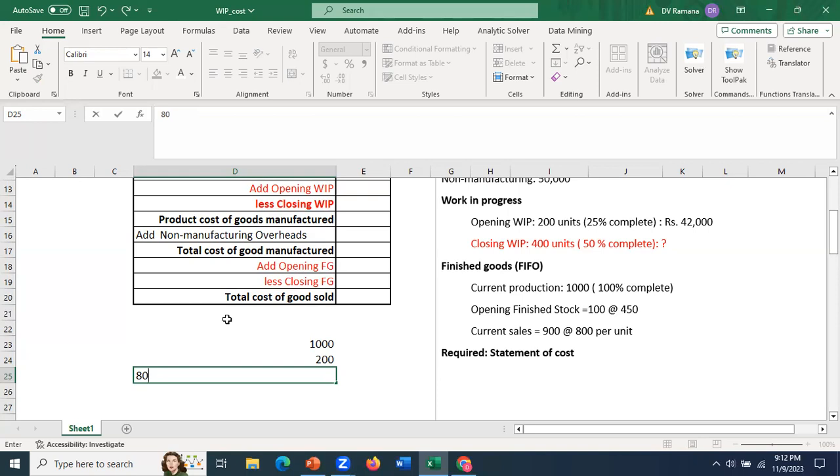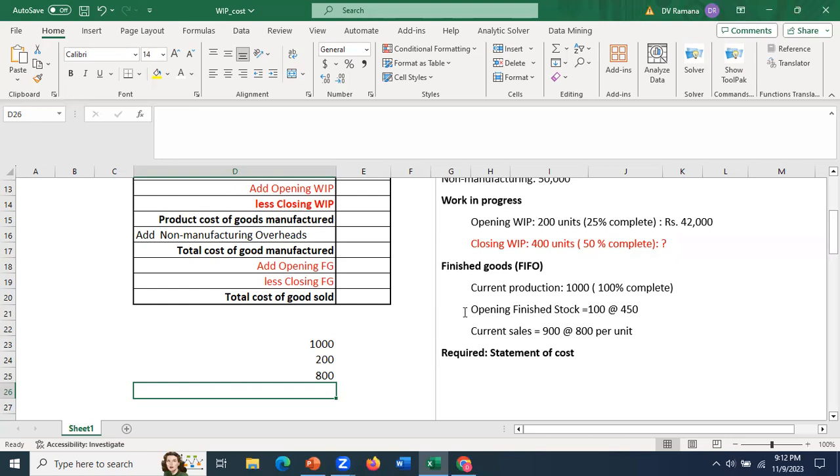If we don't follow FIFO, then this will not happen, right? We are saying that first we would like to complete the opening stock, then go to the new material to start de novo.